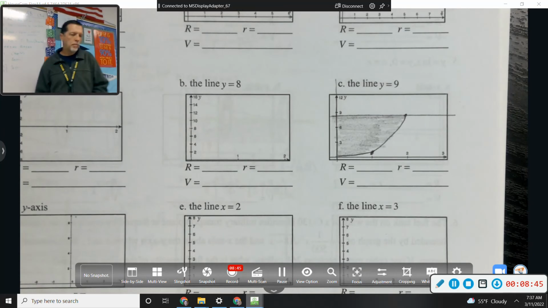So there's my base area, and that'd be the same base area for all of them.